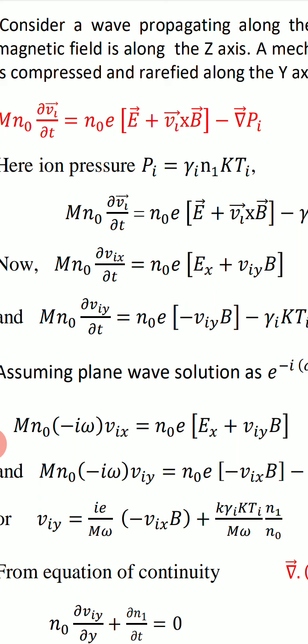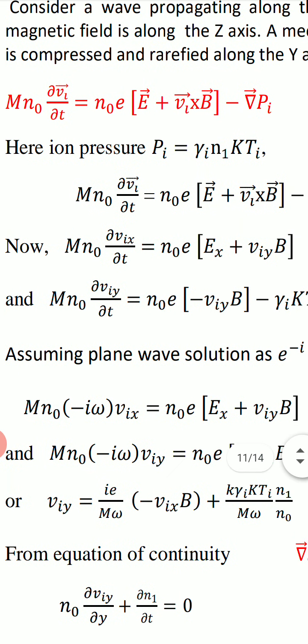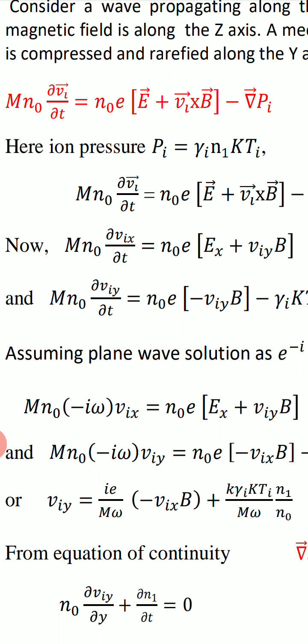So on each ion the force will be small e into E vector plus V1 vector cross B vector. And if we multiply by N0, that is number of ions per unit volume, then this will be the force per unit volume due to electric and magnetic field.